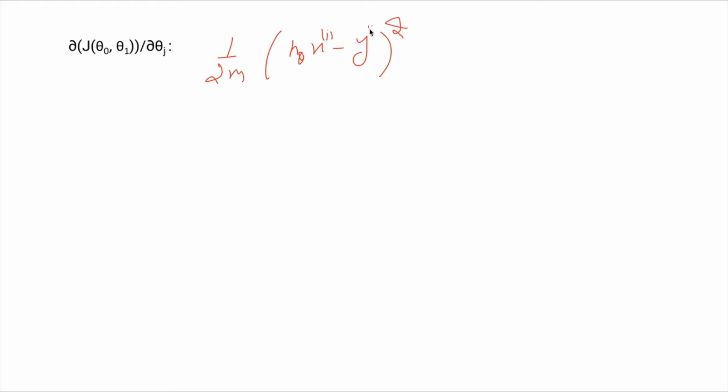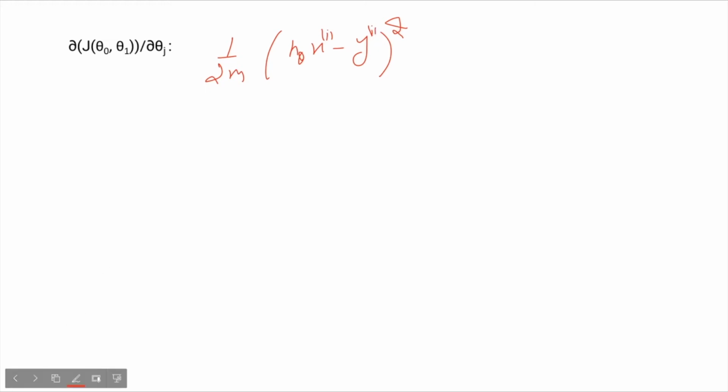So now let's see what the derivative will be. We are differentiating 1 over 2m times h subscript theta x minus y, to the power 2. Wait a minute, the superscript i will come here, and here too.